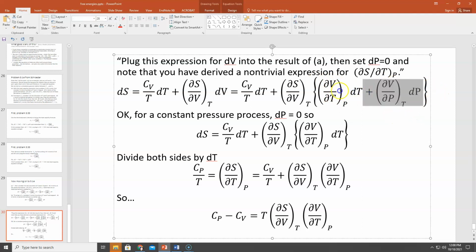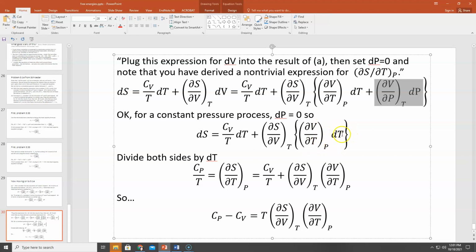So I plugged in the curly bracket stuff from my definition of what dV is. Now for a constant pressure process, dP is 0. So the second term here goes away. Now we're left with dS is equal to C_V over T dT plus partial S with respect to V holding T constant times partial V with respect to T holding P constant times dT.